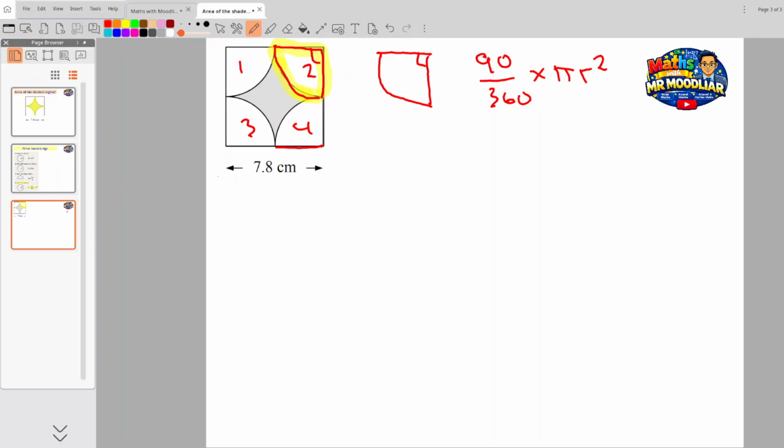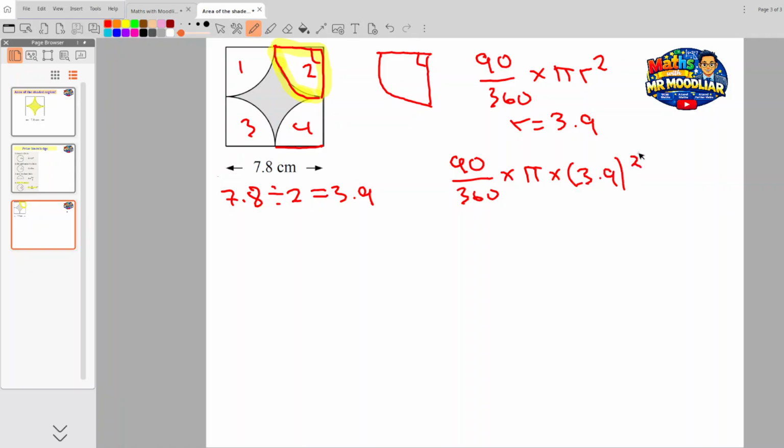Well, the radius would be 7.8 divided by 2, which is going to give you 3.9. So we have established that the radius is 3.9. Now, let me do my calculation to work out the area of one sector. It'll be 90 over 360 times pi times the radius squared, which is 3.9 all squared.